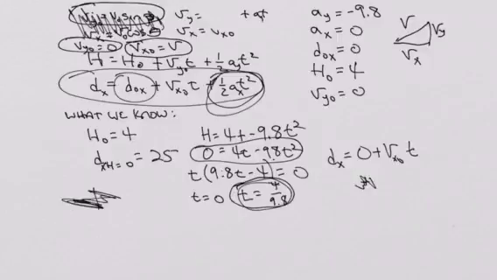So it's really just my d sub x, which is 25, that's how far it took to hit the ground, equals v sub x 0 times 4 over 9.8.